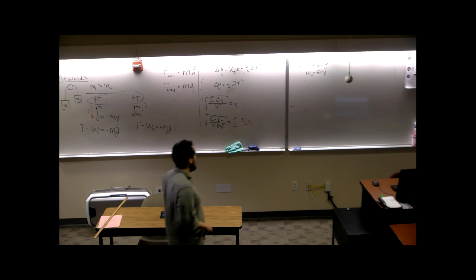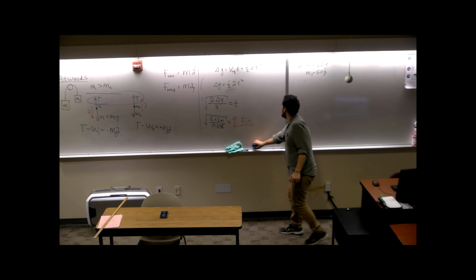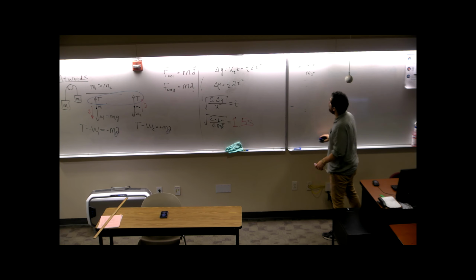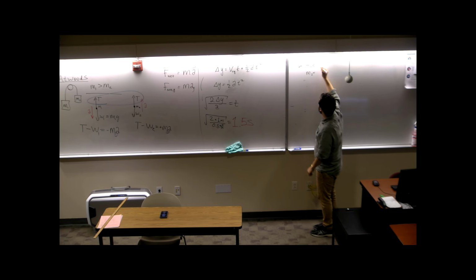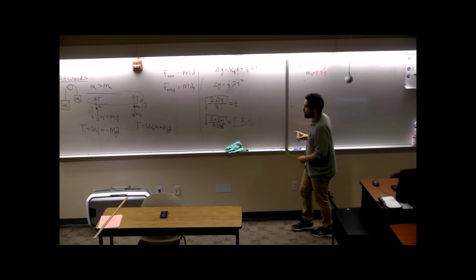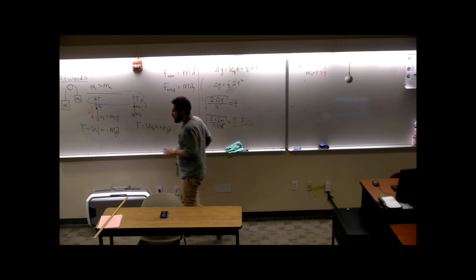Let's say, for example, mass 1 were 50 grams, and mass 2 were 55 grams. What if this were the case? Calculate out what the acceleration is. Share it with your neighbor once you have that value of your acceleration.